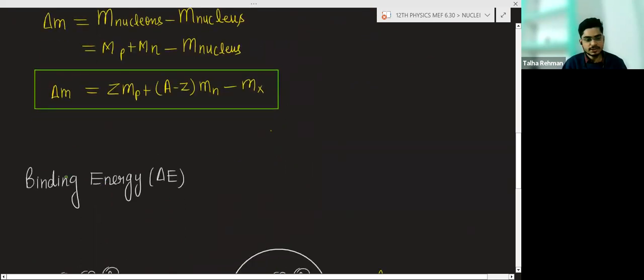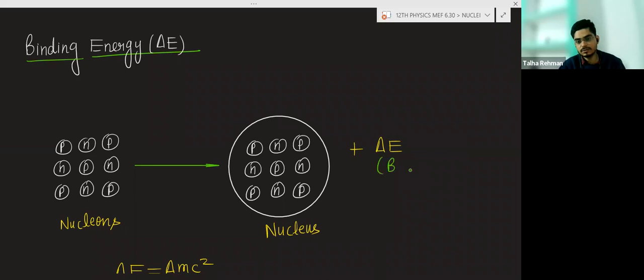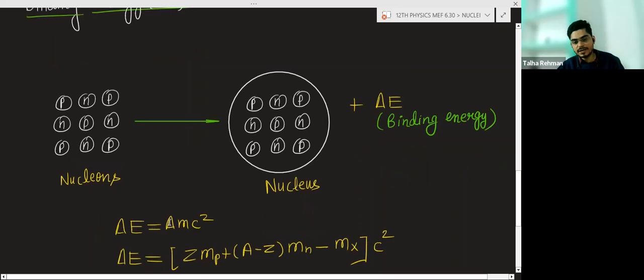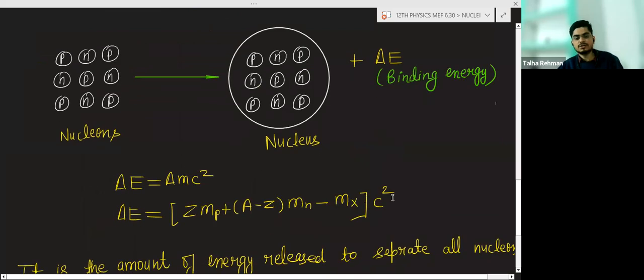So the next topic is the binding energy. When the nucleus forms, there will be a mass defect, and due to the mass defect this energy will be released, and this energy is known as the binding energy. This binding energy, delta E, is due to the mass defect, so it can be given by delta M into C square, where delta M is the mass defect. So we define the binding energy like this.